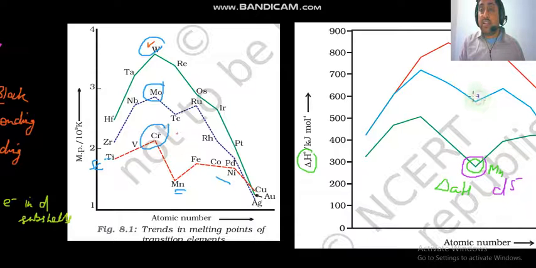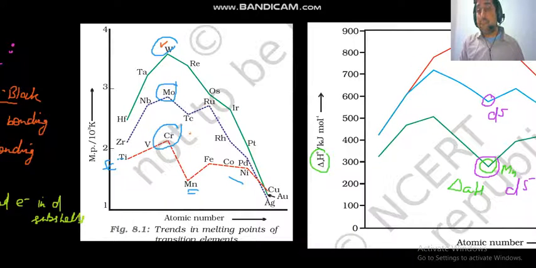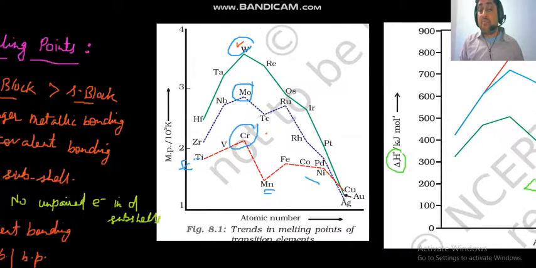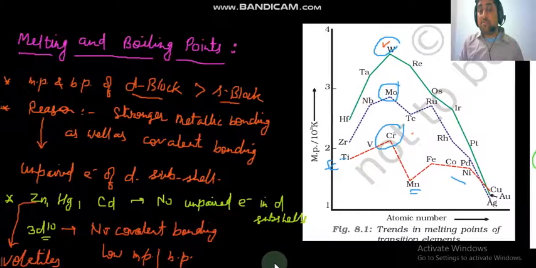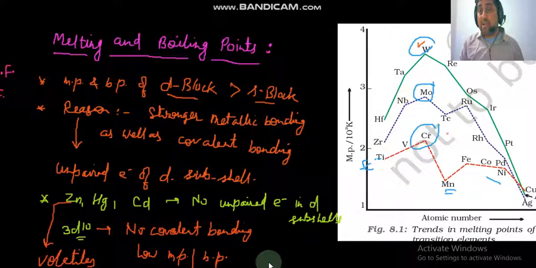Here manganese, same in the next series you can see technetium. Both contain d5 electronic configuration, and that's why their atomization enthalpy is low, their metallic bonding becomes somewhat weaker, and that's why their melting point also becomes low in the middle.